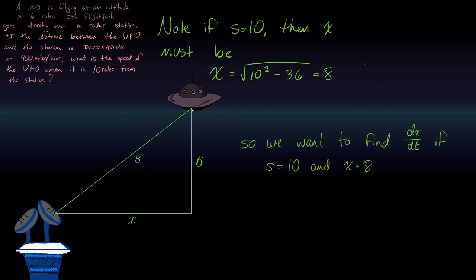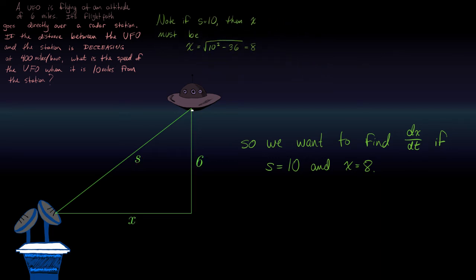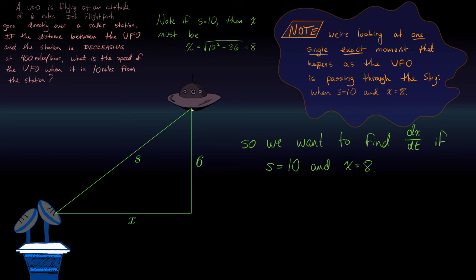And now we want to find dx dt if S is 10 and X is 8. So again, remember, we're looking at one single moment that happens as the UFO passes through the sky. That moment is S equals 10, X equals 8, whatever else we can come up with.